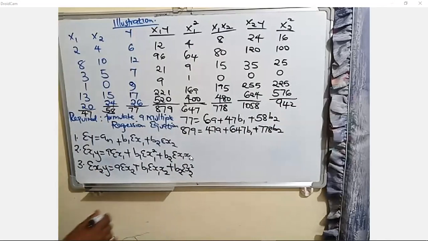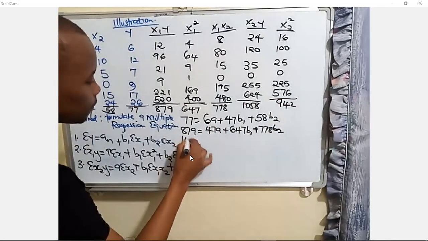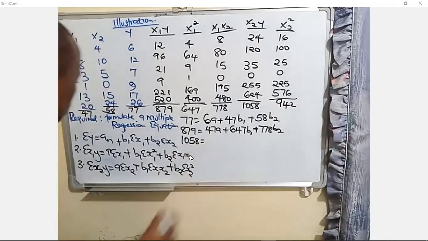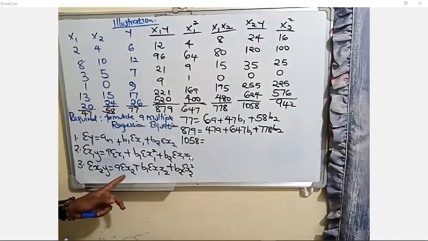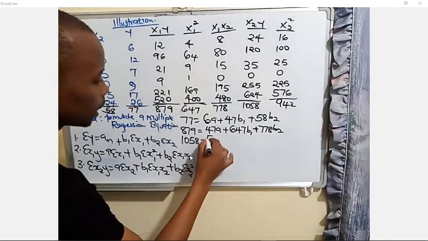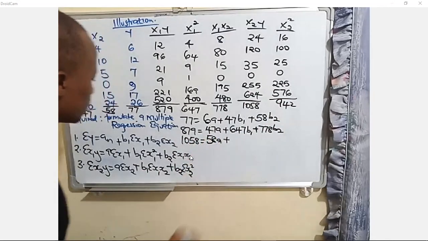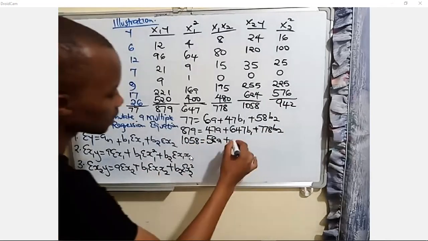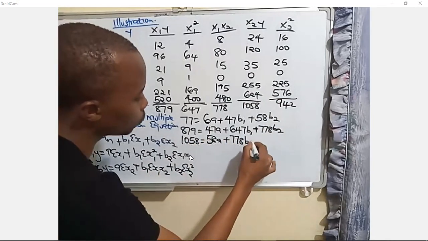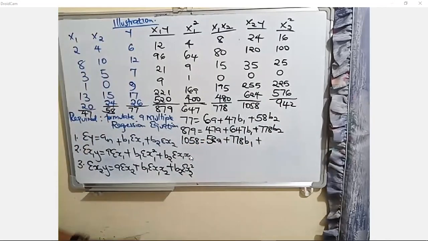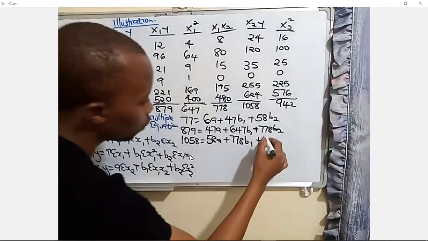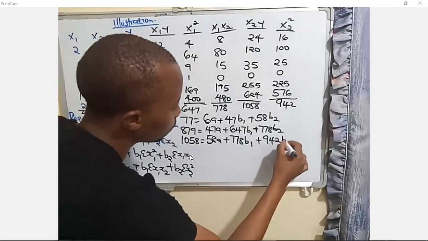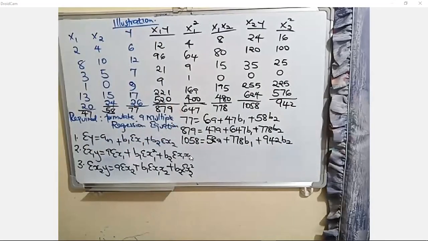The summation of x2y, you told me is 1058, which is equal to the summation of x2, which is 58a, plus summation of x1x2, you have told me is 778, b1, plus the summation of x2 squared, which is 942, b2.